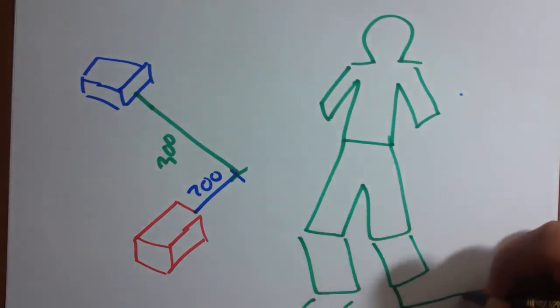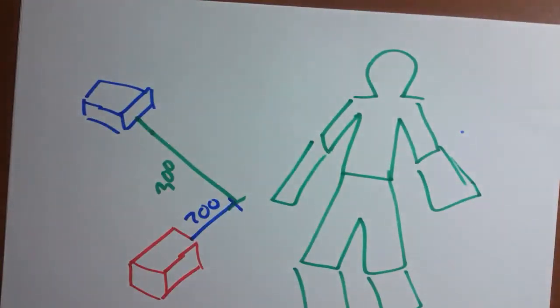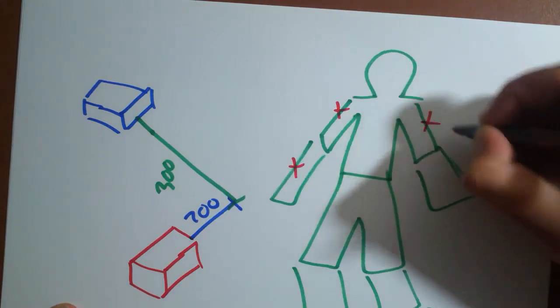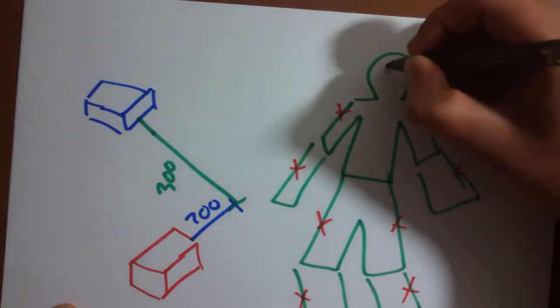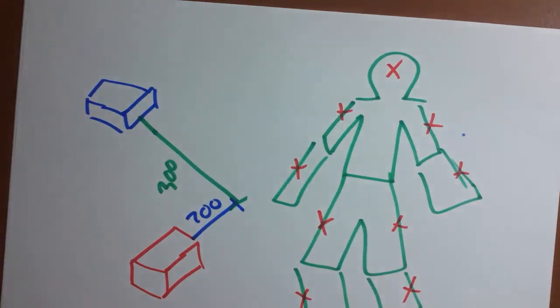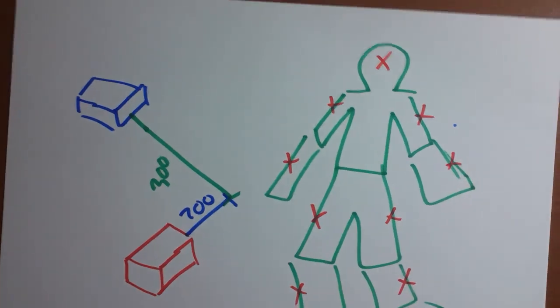I'm sorry for this bad drawing of a robot. If I put a sensor here, and another here, and another here, 1 2 3 4 5 6 7 8 9, that is exactly how many sensors we have right now.